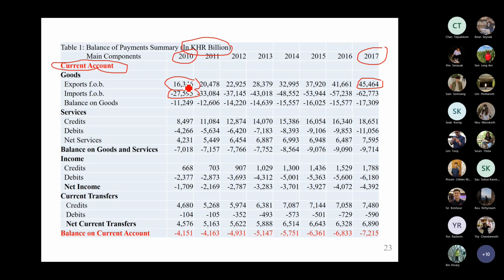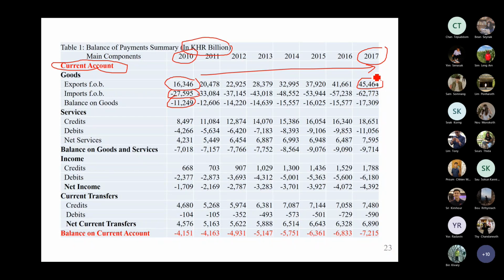The balance is minus. The negative here means that we export less but import more. Over the years from 2010 up to 2017, we still have a deficit in our merchandise trade.